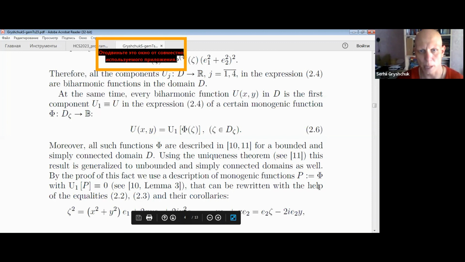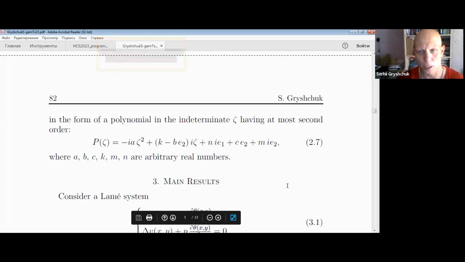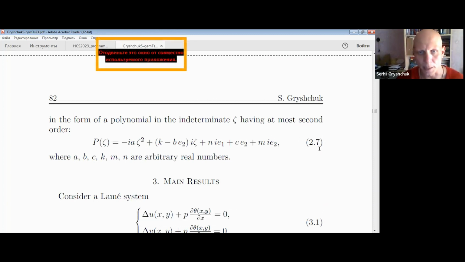Also, we described all monogenic functions where the first component equals 0, and we can see such functions by the formula 2.7. This is a polynomial of at most the second order.